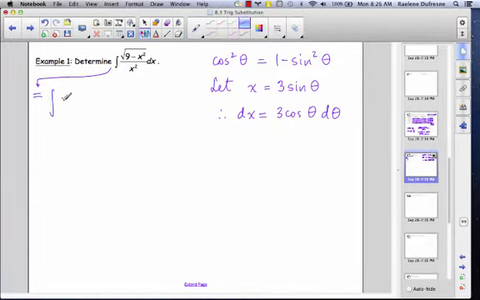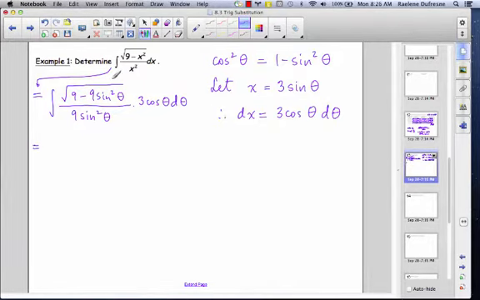The integral of the square root of 9 minus x squared, which will be 9 sine squared theta, all over x squared, which will be 9 sine squared theta, multiplied by dx, which is equal to 3 cosine theta d theta.